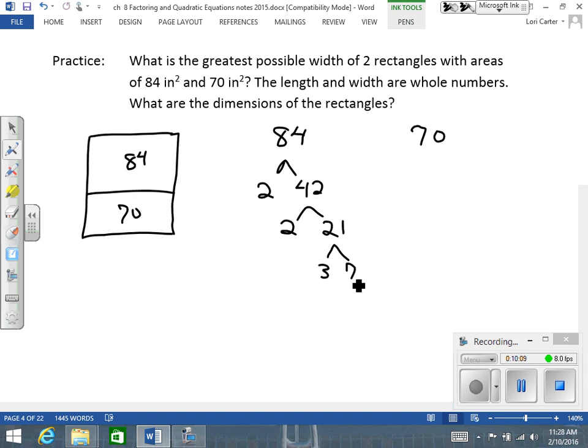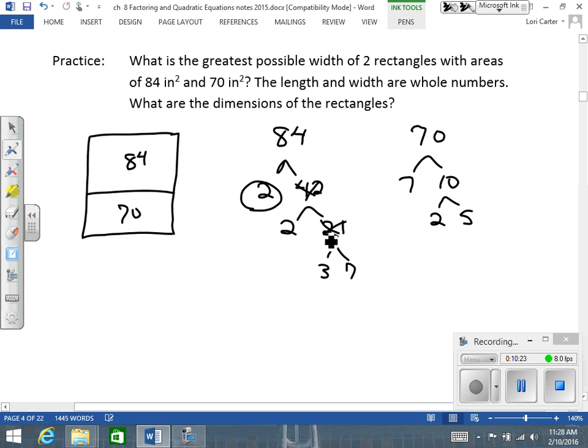Okay, 70? 7 and 10. 10 and 7. 2 and 5. All right, what do they have in common? The 2 and 7. So remember, 42 doesn't count, 21 doesn't count, 10 doesn't count. So the 2 counts, what else counts? 7. 2 times 7, that's it. That's your answer. That equals 14.